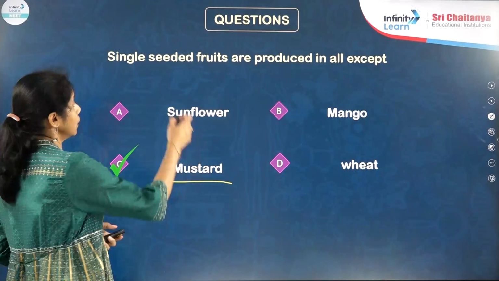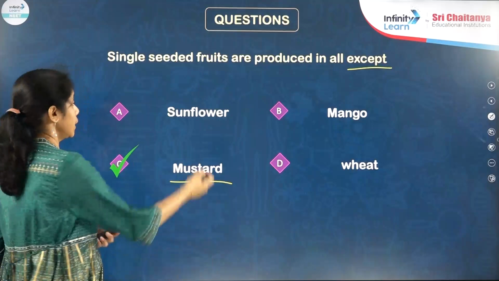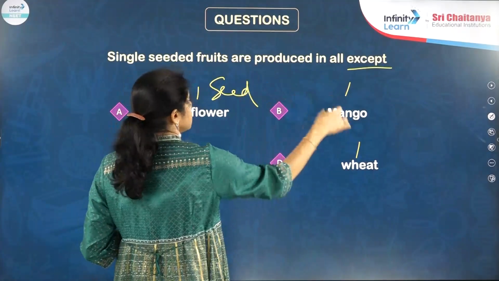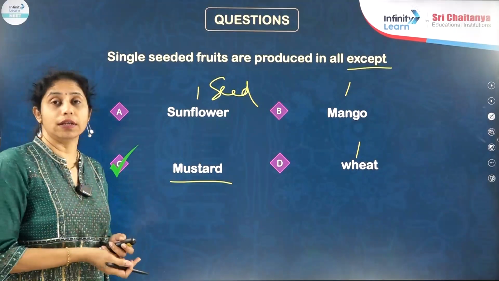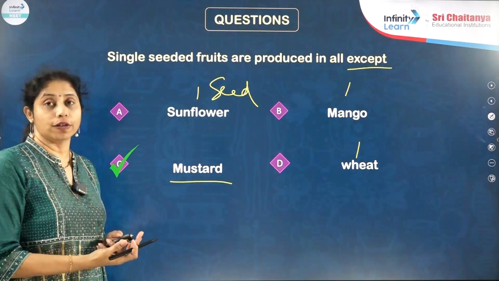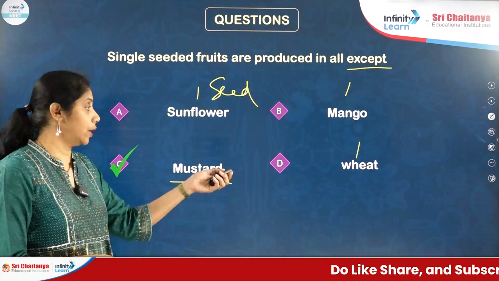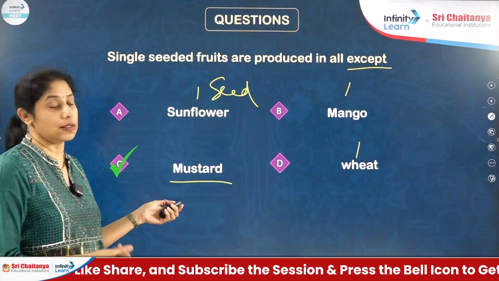In sunflower, many seeds are there in the whole inflorescence, but in one fruit only one seed is present. In mango it is one seed only, and wheat also. So mustard fruit will be showing many seeds.